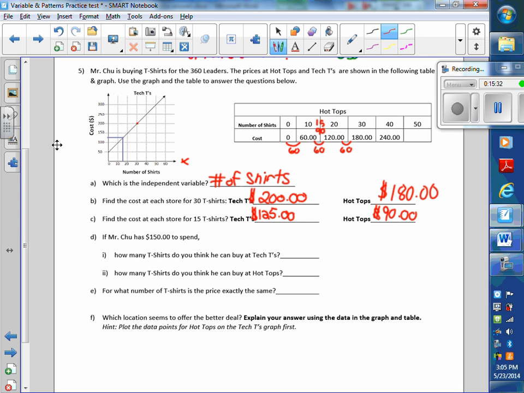So I kind of realized that with Hot Tops, 15 is half of 30. Right. Or I just divide it into two. So if you divided it into two, for Tech Tees I thought it was going to be 100, but that would charge more for less. It doesn't work because it didn't start at 0, 0.